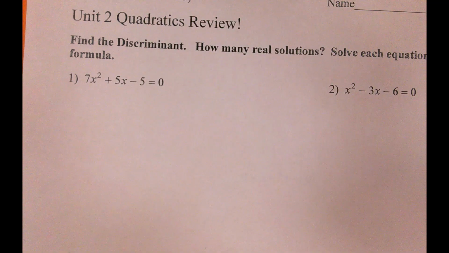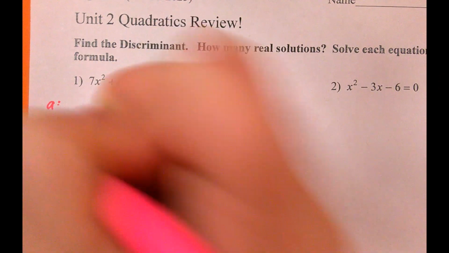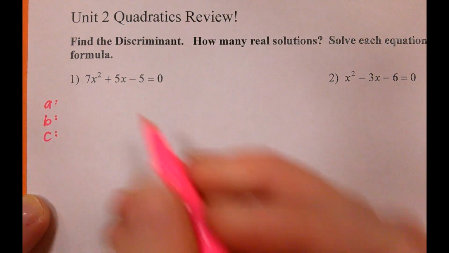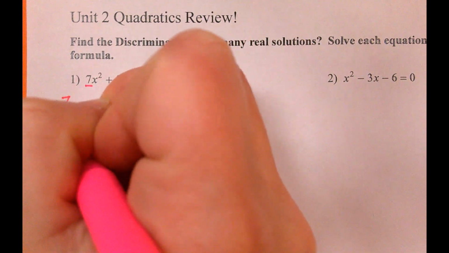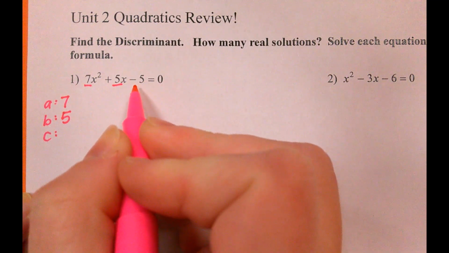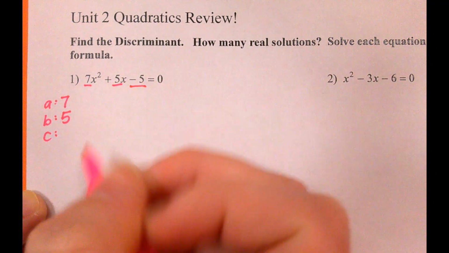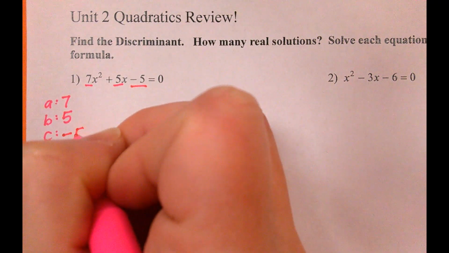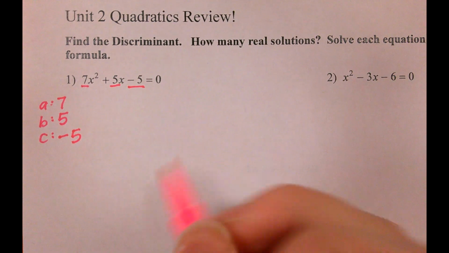So what are my values for A, B, and C here? 7, 5, and 5. We've got to watch for that sign. -5 is C. Okay, so we have our A, B, and C, and we're just finding the discriminant.